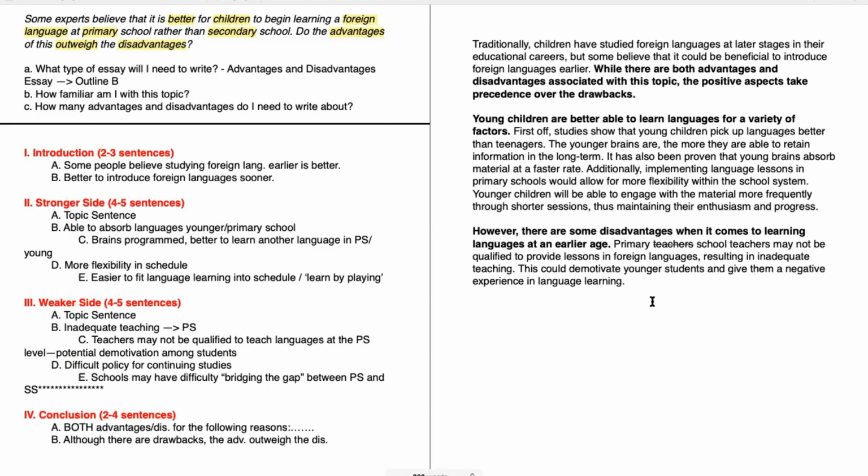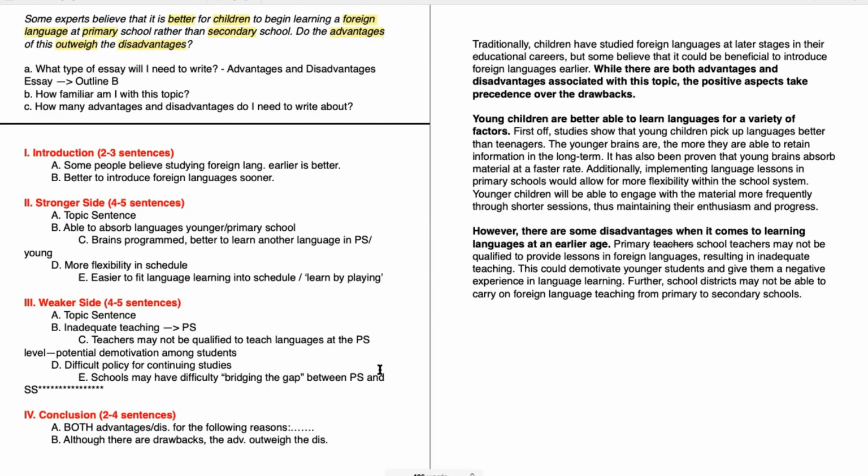If you find that something makes more sense, go ahead and put it in within reason. You don't want to stray too much from your outline. Let's continue on with our second explanation. I can say further. Again, I want to use this nice connective because it's my second point. Further, school districts may not be able to carry on foreign language teaching from primary to secondary schools.